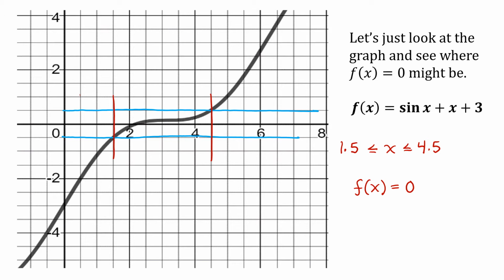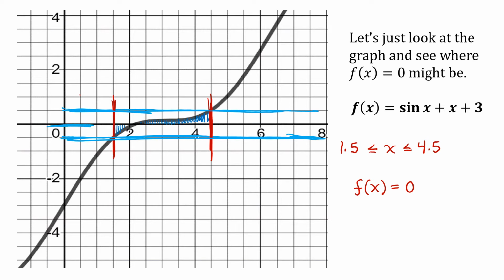So looking at this graph, I can try to get closer and closer. And because this is continuous, I know that if my x values are between these red bars, my f of x values will be between these blue bars.